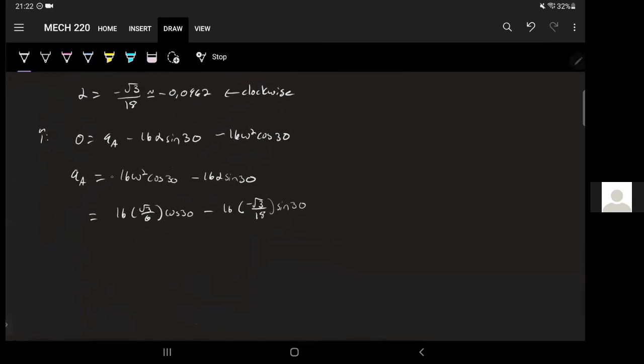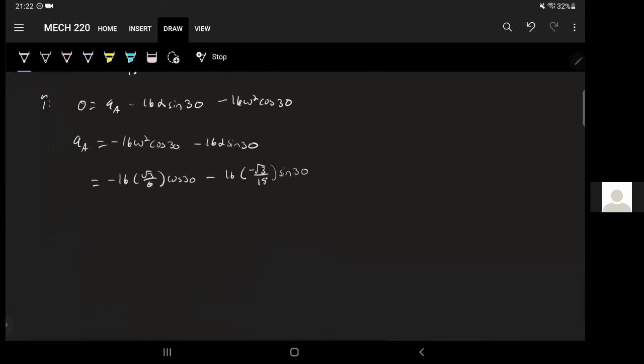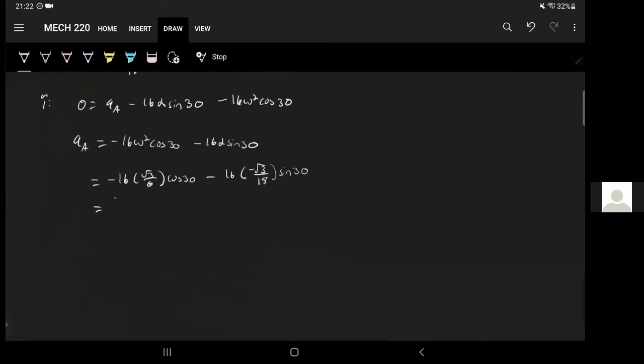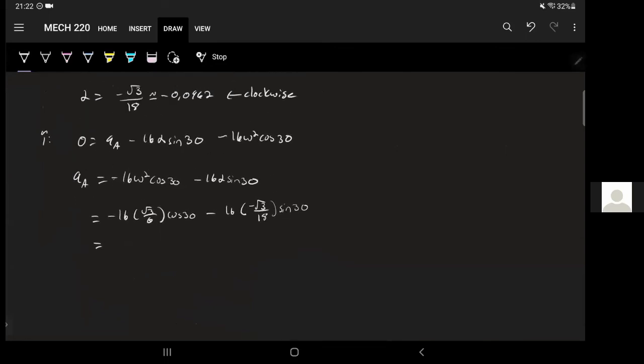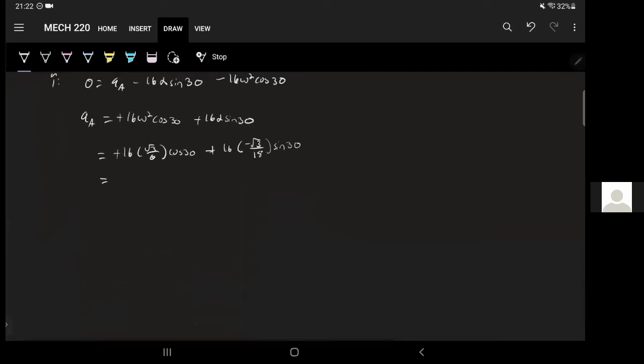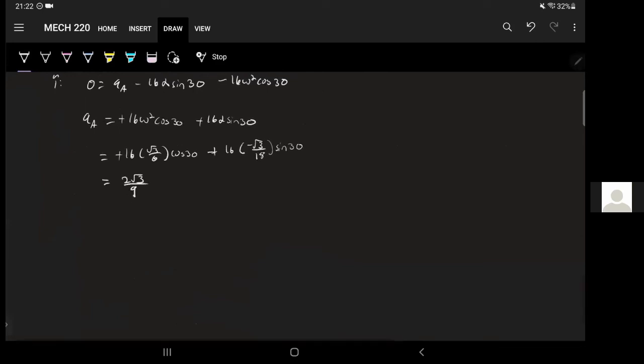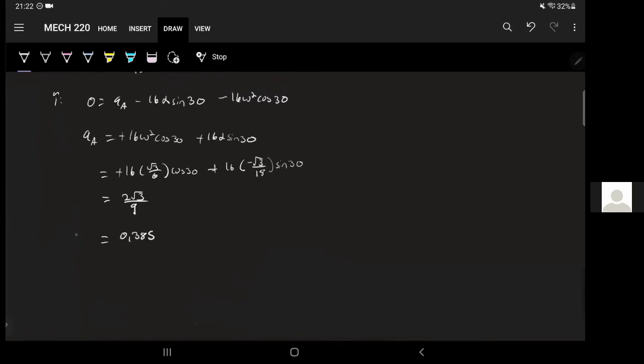So now it's minus here, which gives me, yeah, sorry, so these become plus. This is all positive now. And this gives me 2 square root of 3 over 9, which is equal to 0.385.